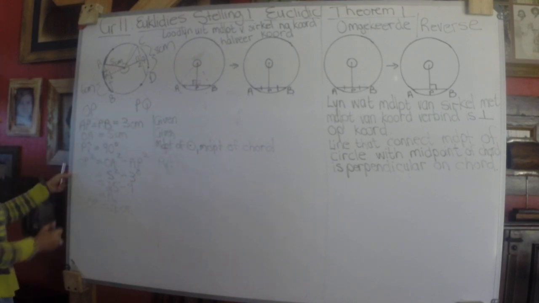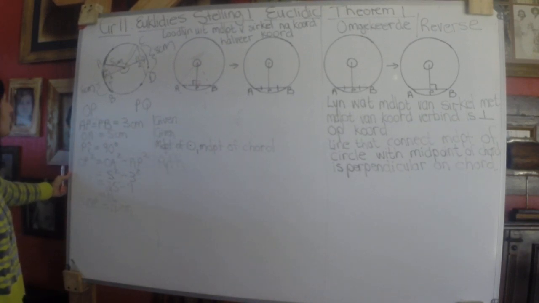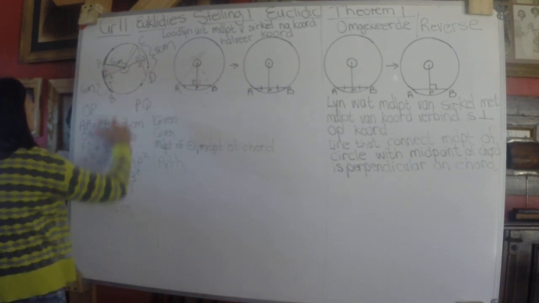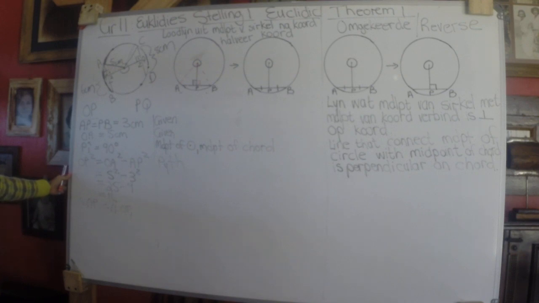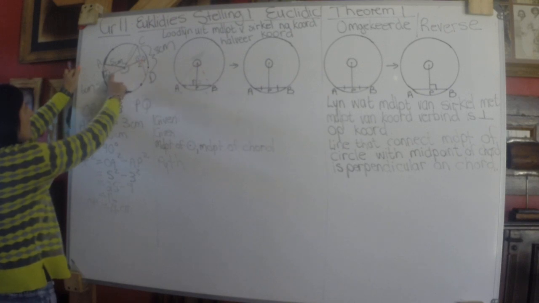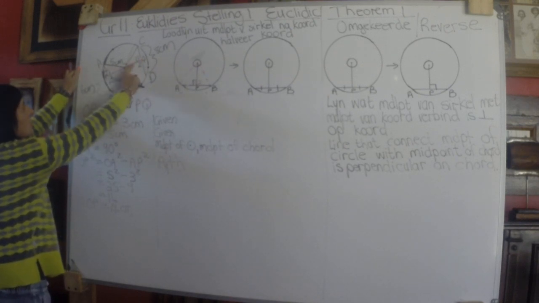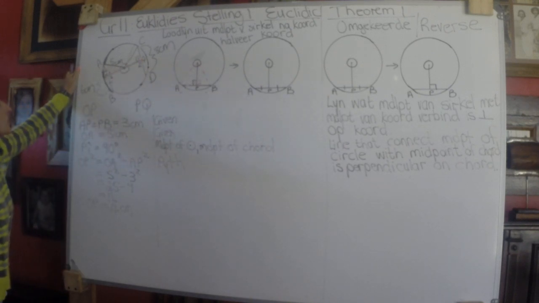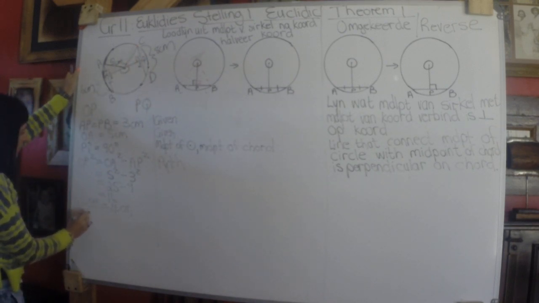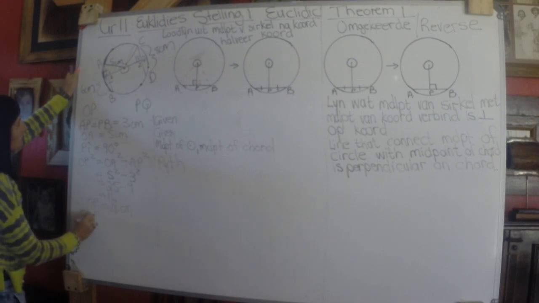So I've got OP. Now we're going to look at PQ. Okay. We need now to get this piece as well and add it to get PQ. So kom ons gaan kyk. Ons weet dat CQ is gelyk aan QD. Let's start with CQ equals QD. Why?